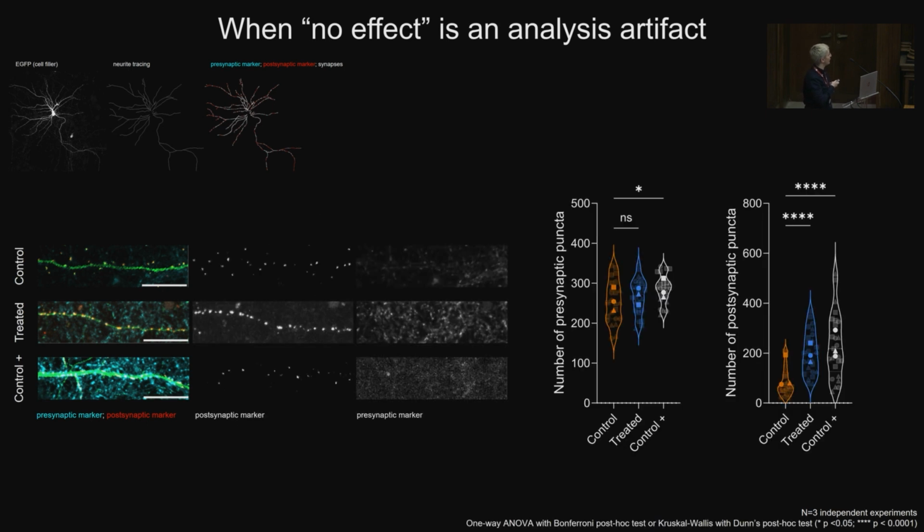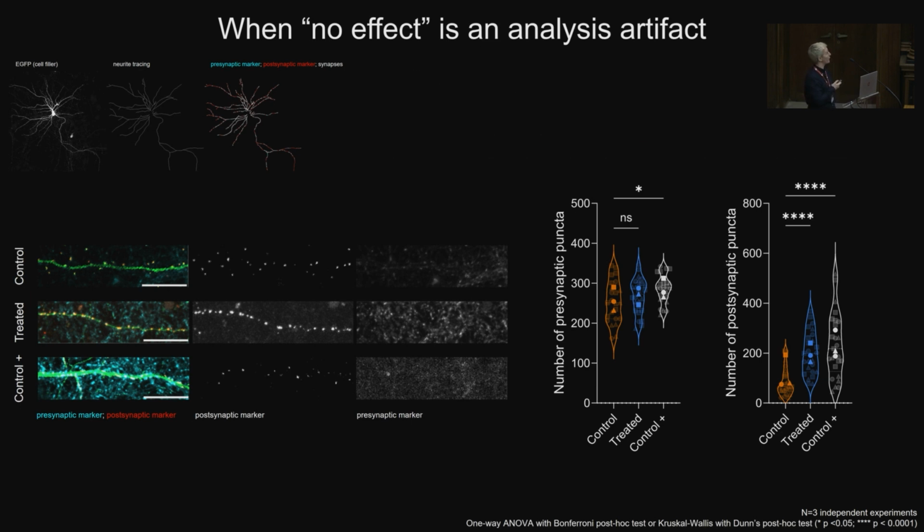Since, as I told you before, with this other plugin it is possible to retrieve information about separate channels, we can also say that our treated neurons are not only showing a higher number of synapses, but the effect is mainly driven by the postsynaptic compartment.